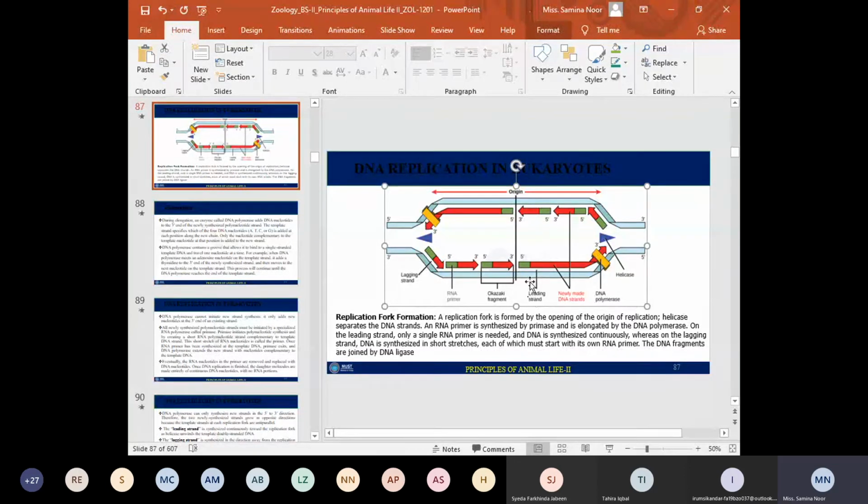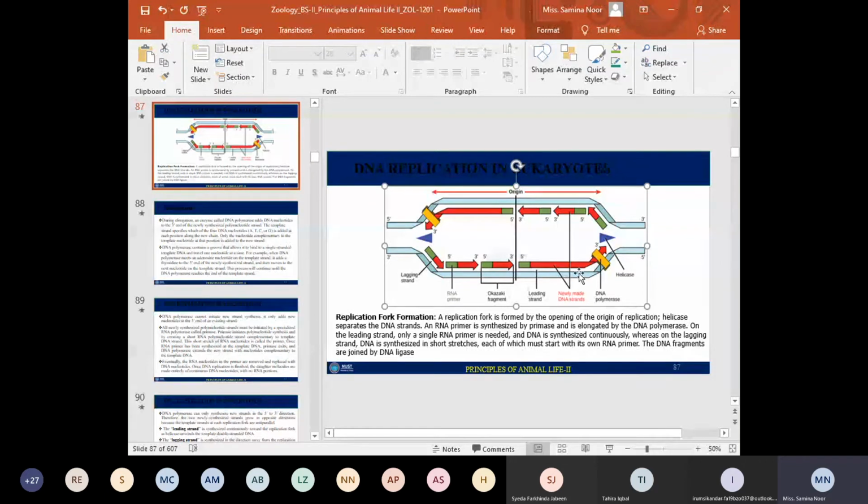So here is the leading strand. This shows the leading strand. So in the leading strand, a single primer is formed, as you can see the single primer, which is green in color, and then after the synthesis of this single primer, the DNA polymerase adds the new nucleotides continuously, and the synthesis of the leading strand is continuous, as you can see in the figure.